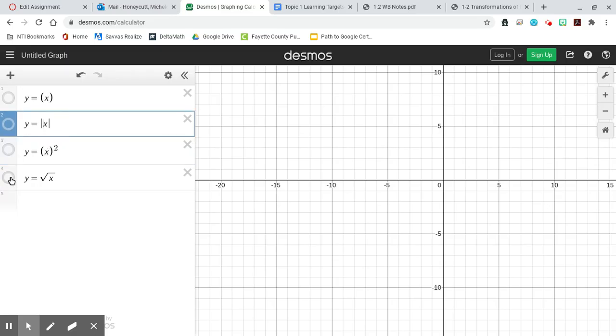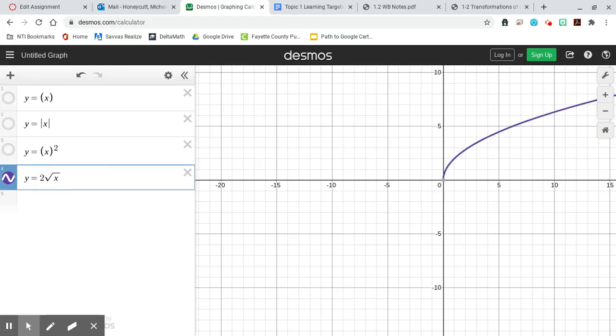Okay, so let's say I've got the square root of x and I want to multiply that whole thing by 2. Okay, maybe multiply it by 4. Okay, multiply it by 7. Okay, so what's happening is the y values are getting larger and larger. That's called a vertical stretch.